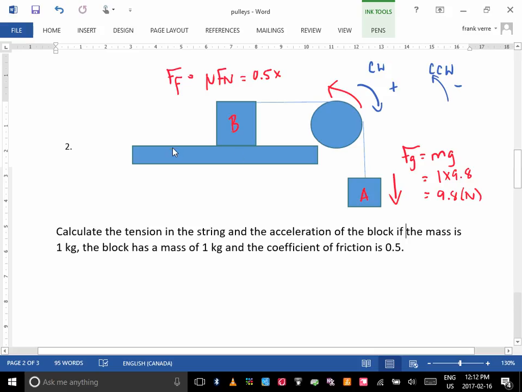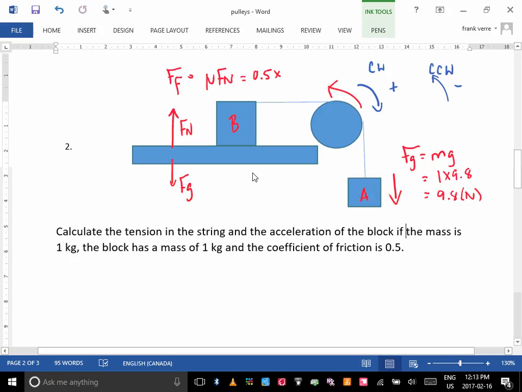So, review. If there's no angle, and you're not pushing down on it and not pulling up on it, if you just have an object resting on a surface with no other forces, the normal force is the same as the weight.